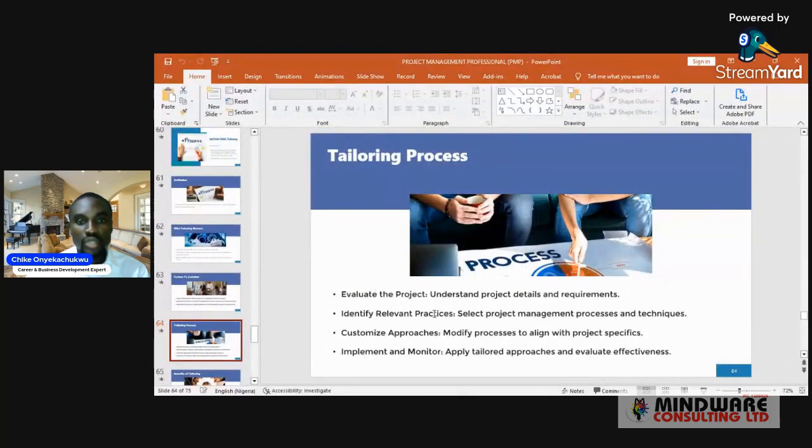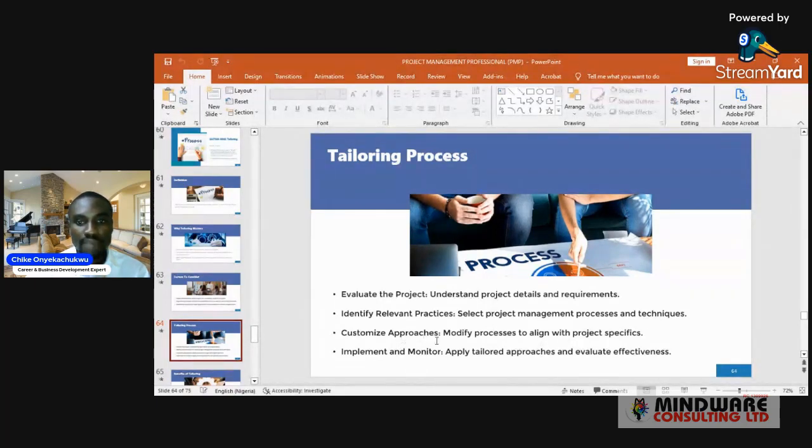Okay. So what is the tailoring process? Now, firstly, you have to evaluate your project, understand the project details and requirements. Okay. Second, identify relevant practices. You need to select project management processes and techniques, okay, that are relevant to your project.